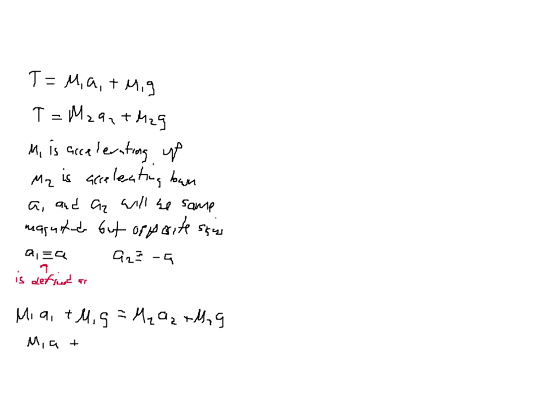So M1A plus M1G equals M2A2, that's going to be negative A. So negative M2A plus M2G.